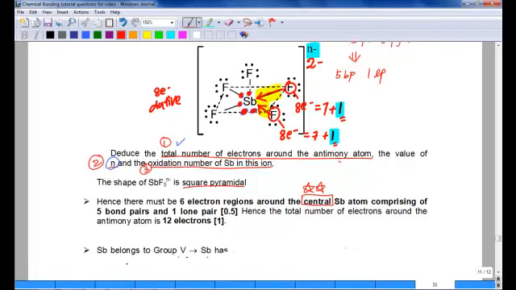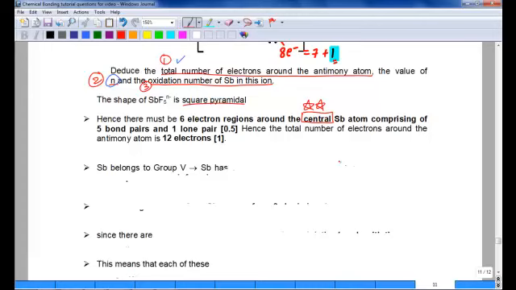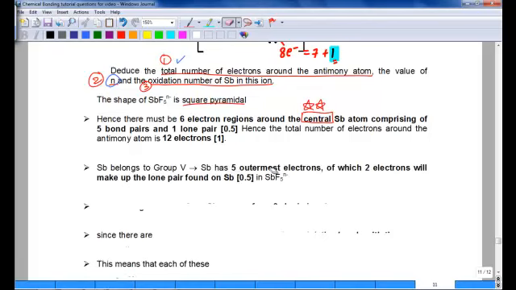So we can go on to the next part, the value of n, but for you to write down properly: Sb belongs to group 5, so it has 5 outermost electrons, of which 2 will make up the lone pair, which we already mentioned. The 3 remaining electrons are used to form 3 single bonds with F atoms.